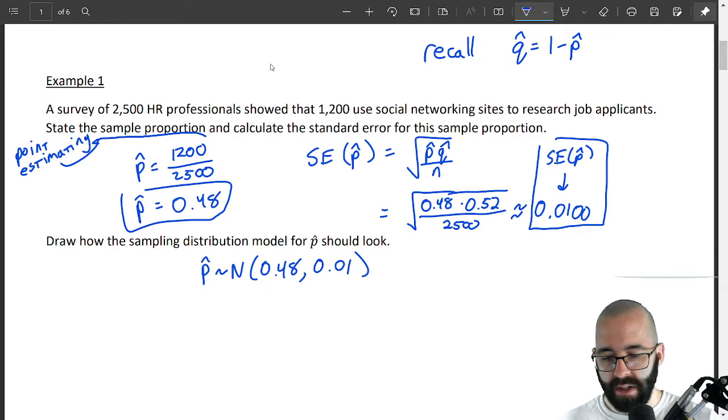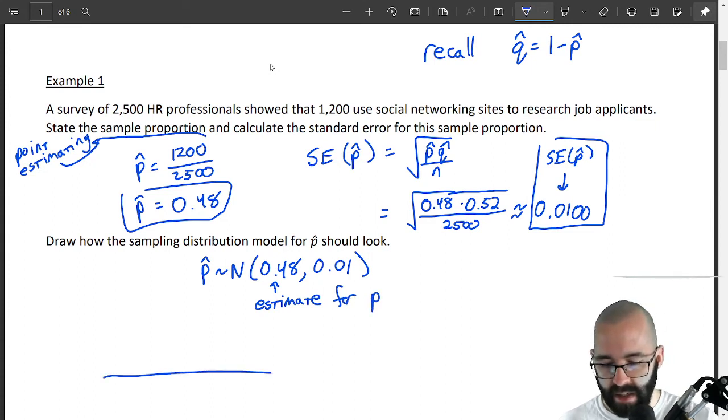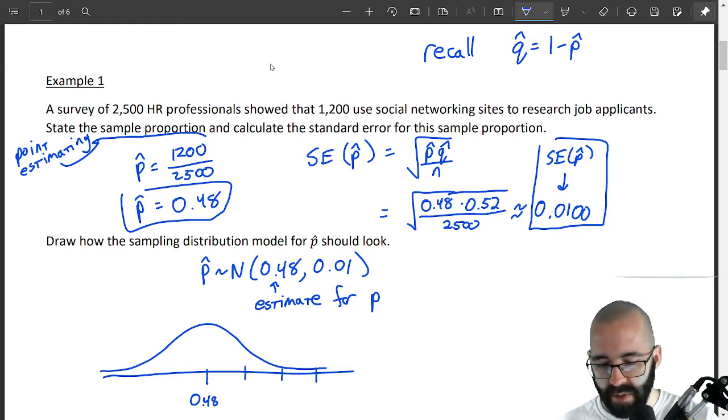So it should look, and again, this is an estimate for P. We don't actually know where P is. In this case, it should look like a normal distribution. The mean will be 0.48. And then 1 standard deviation, 2 standard deviations away, 3 standard deviations. Again, look for that curve, that inflection point.